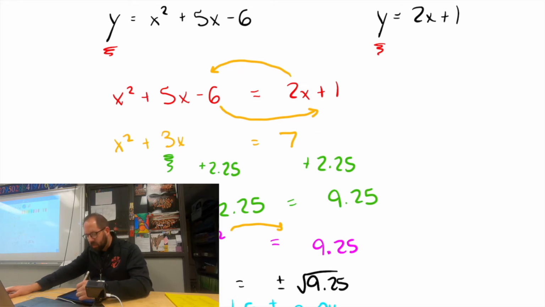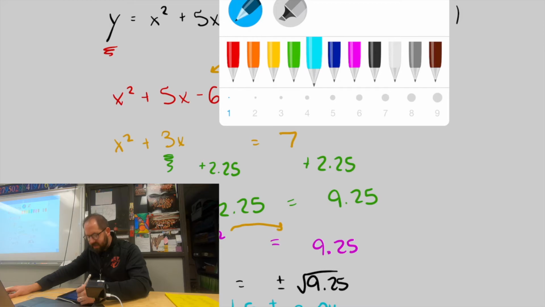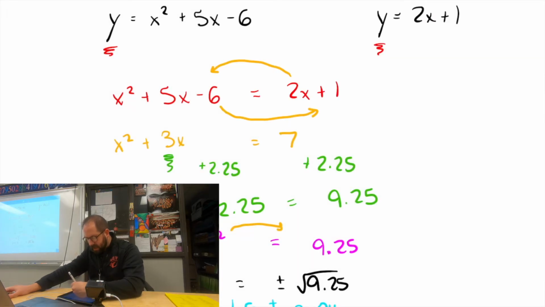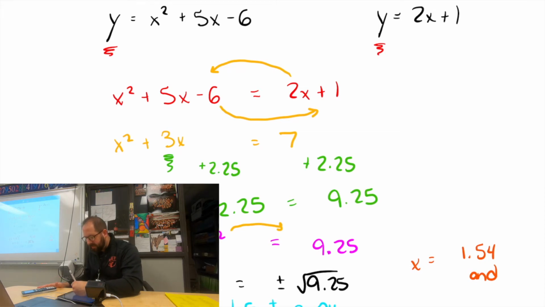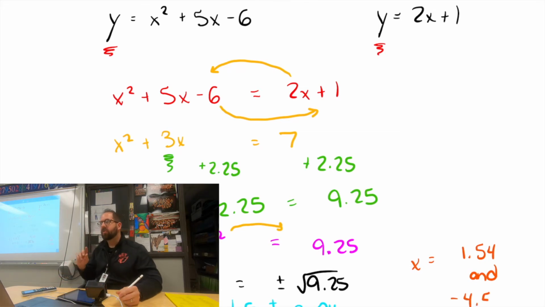Negative 1.5 plus 3.04, I get 1.54, and that's one of my x's. And if I go negative 1.5 and I subtract 3.04, I get negative 4.54. Those are my two x numbers.